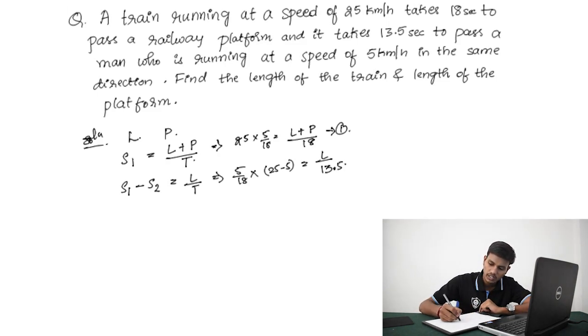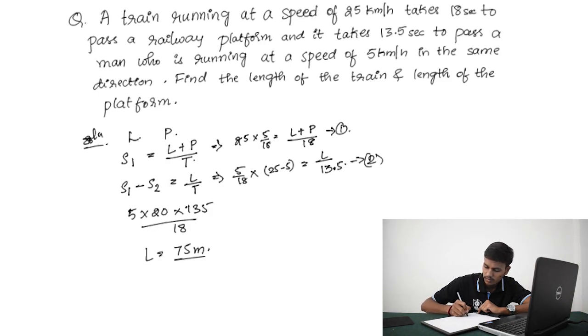So on equating 1 and 2 we have 5 into 20 into 135 divided by 18, so we got length is equal to 75 meter. And to find the length of the platform, we have the length of the train as 125 meter minus 75, so we got 50 meter as the solution.